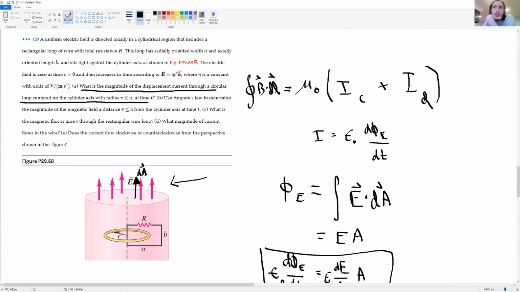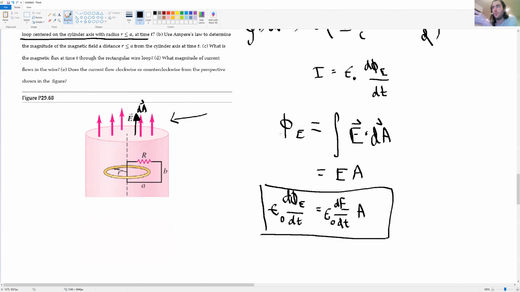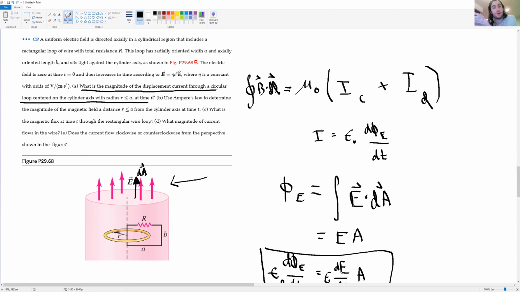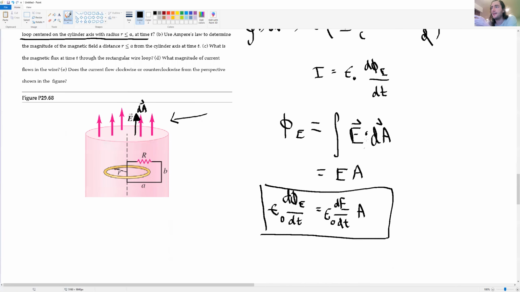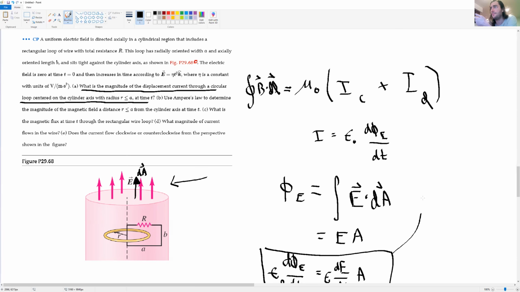Use Ampere's law to determine the magnitude of the magnetic field at a distance r less than or equal to a from the cylinder axis at time t. So we want to determine the magnitude of the magnetic field. I go straight to Ampere's law. I take this answer from here and plug it in right here.